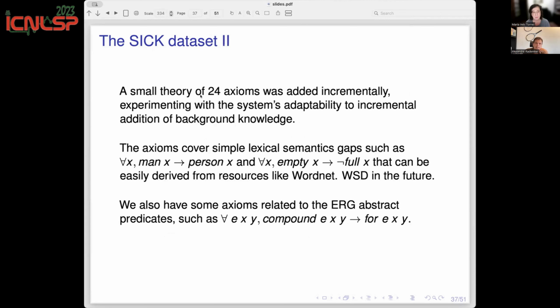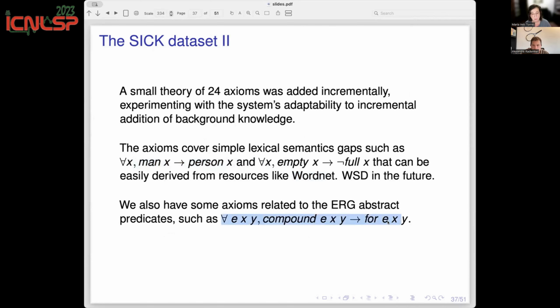For this SIG dataset, we constructed by hand 24 axioms that I added incrementally during the test. Axioms like this one generalize the idea that a man is a person, and this is a kind of axiom that can be learned later from resources like WordNet.